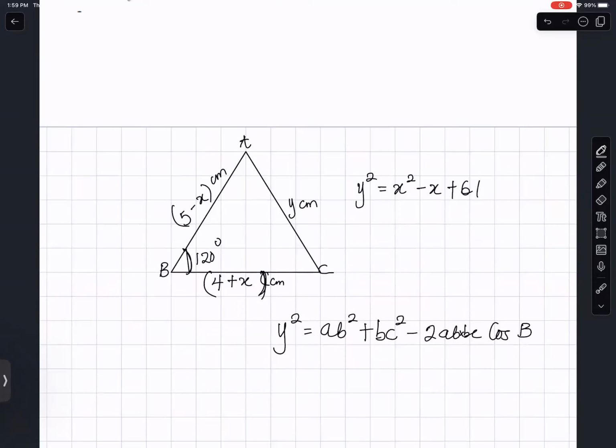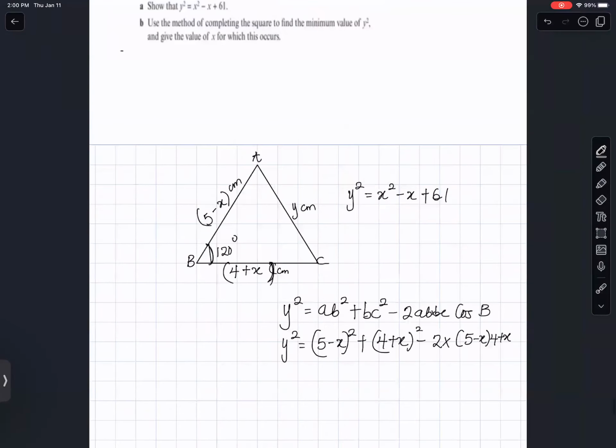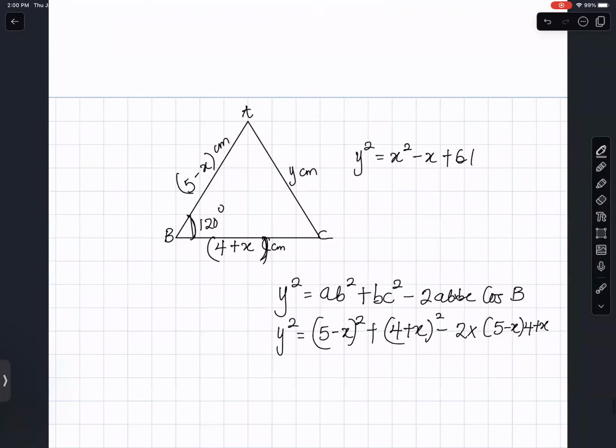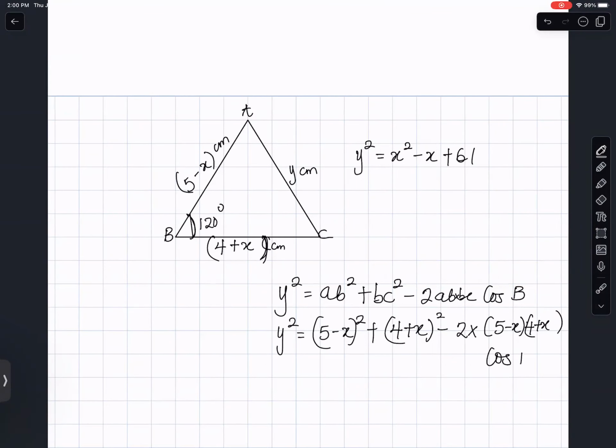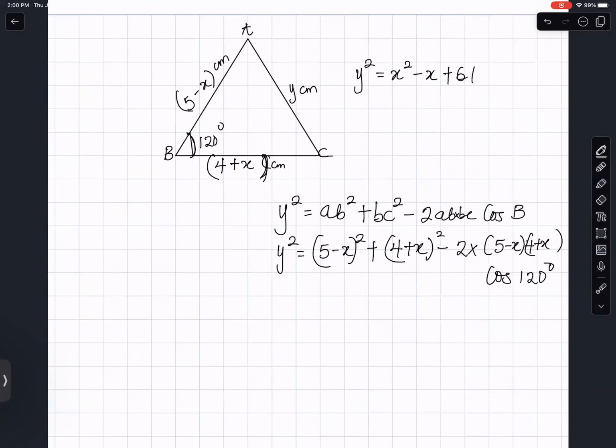We have y squared equals (5 minus x) squared plus (4 plus x) squared minus 2 times (5 minus x) times (4 plus x), times cos 120 degrees. So that's what we have there.